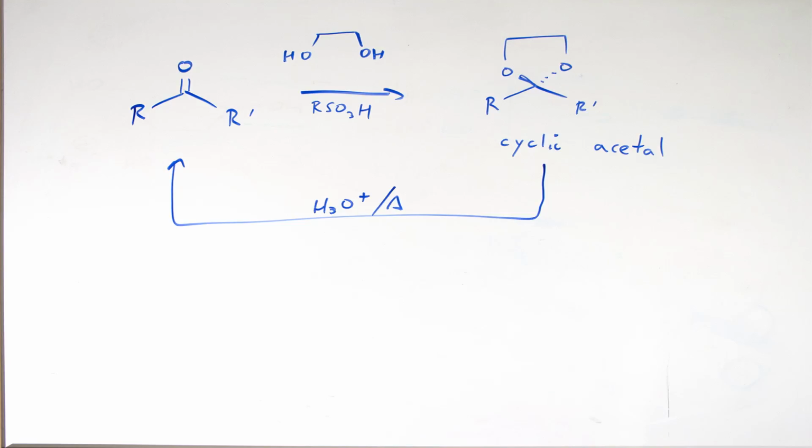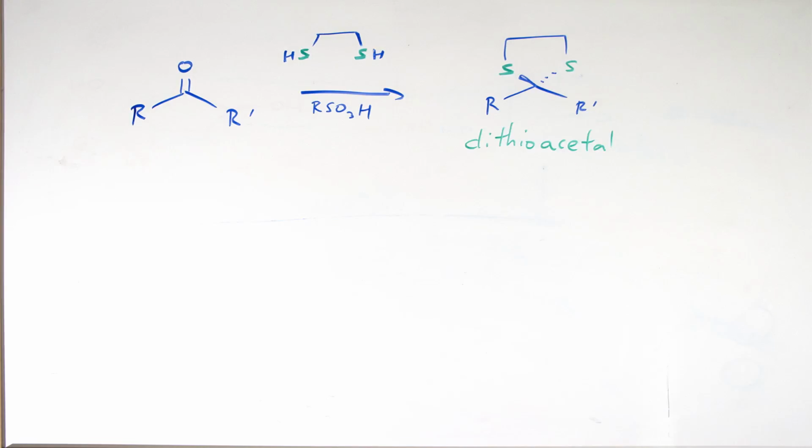All right, so we have a couple of variations on a theme that occasionally come in useful. One is this. It's occasionally useful to do a sulfur version. This is a dithioacetal.